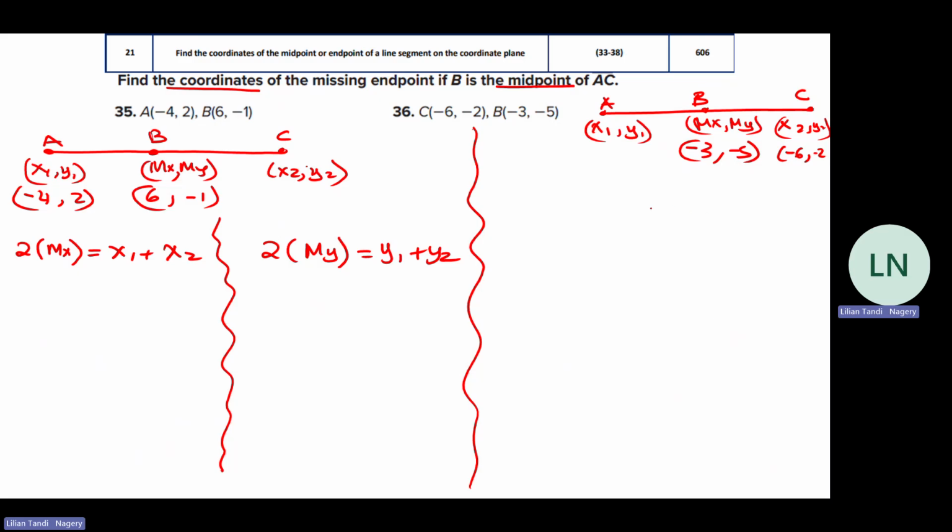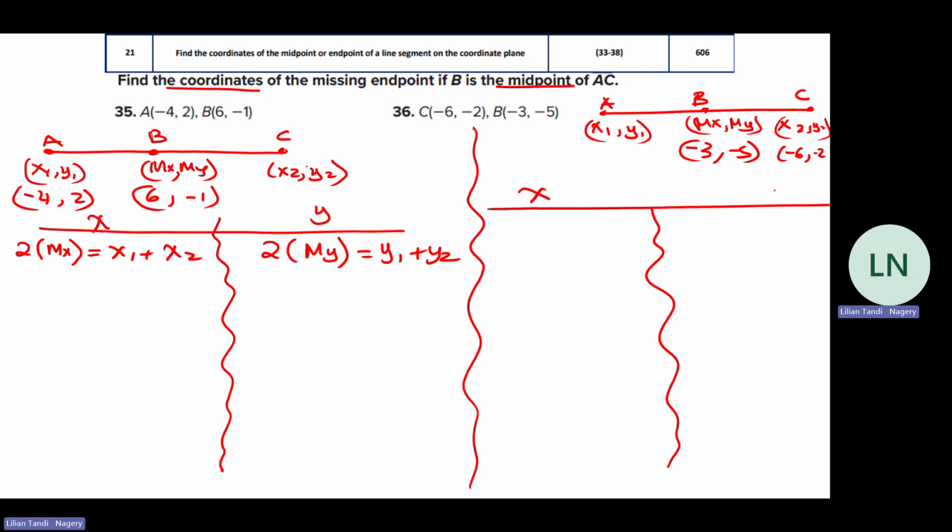Same thing here. Here I'm doing my x's, here I'm doing my y's. 2mx equals x1 plus x2, and 2my equals y1 plus y2.